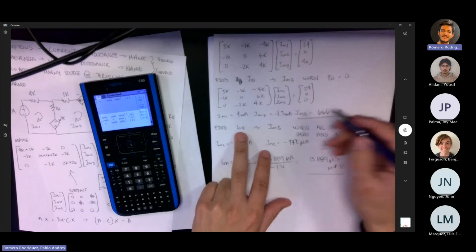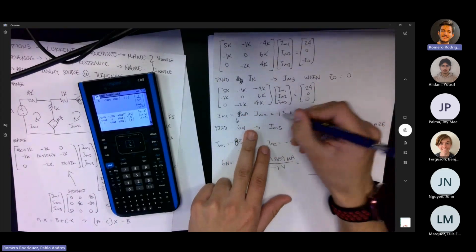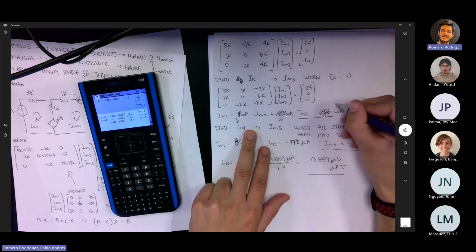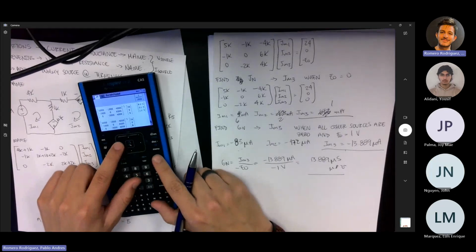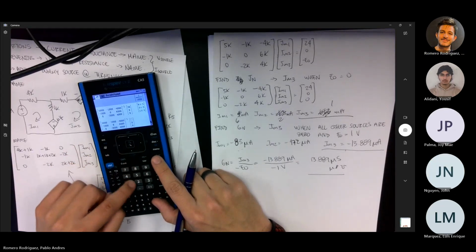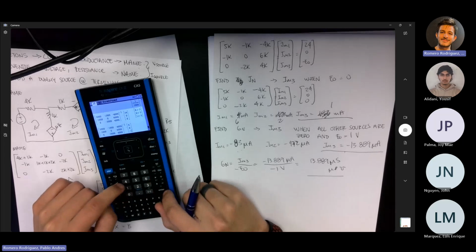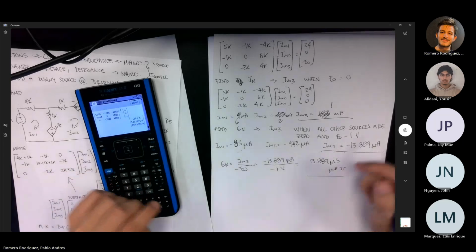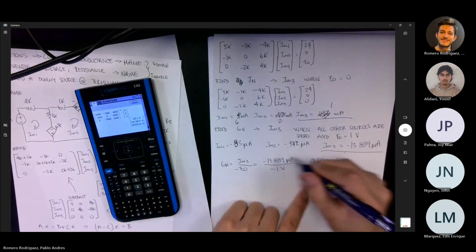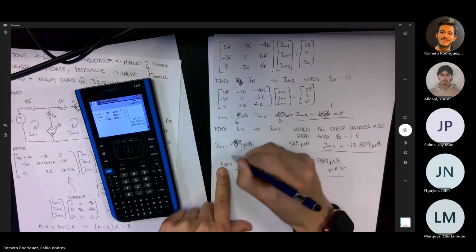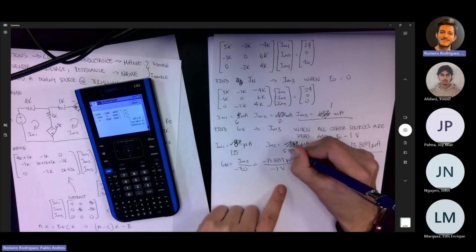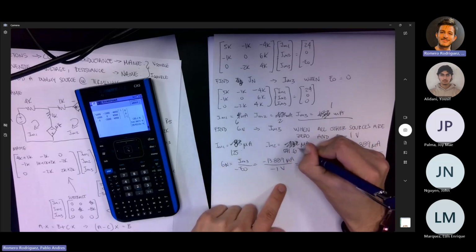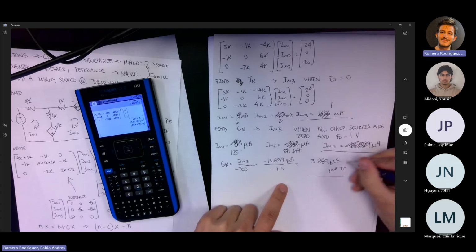That just changes this value to 6 milliamps, 2 milliamps, 1 milliamp. And then if I redo the same thing, I get 125, 41.667, and 20.833.